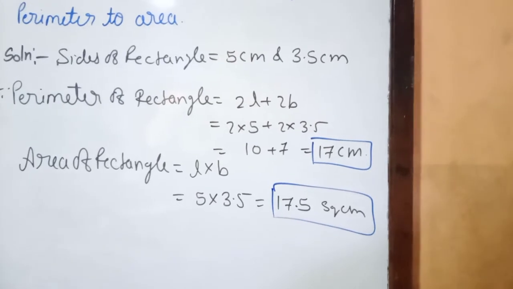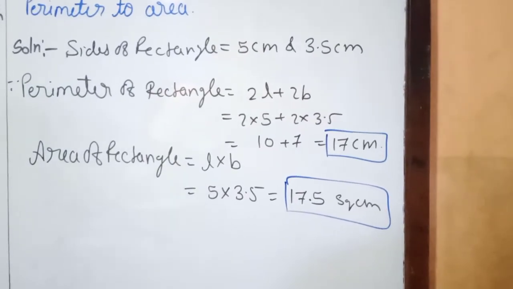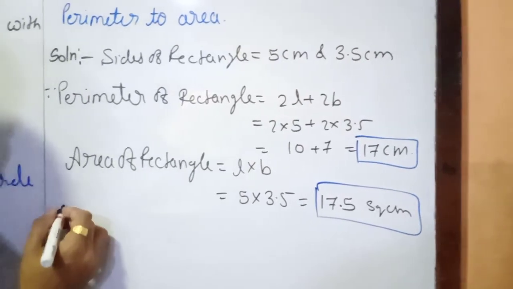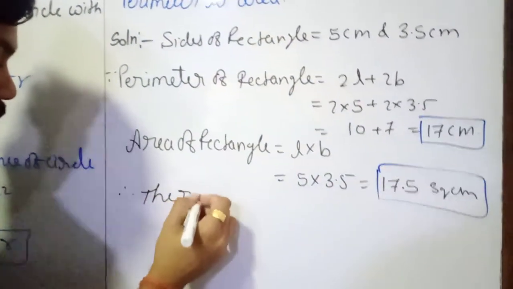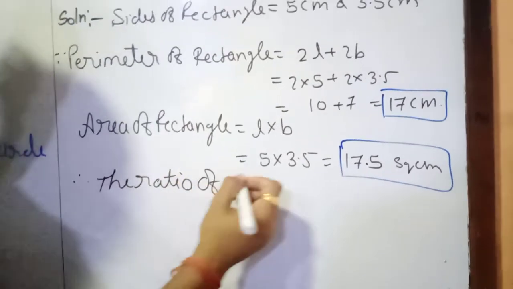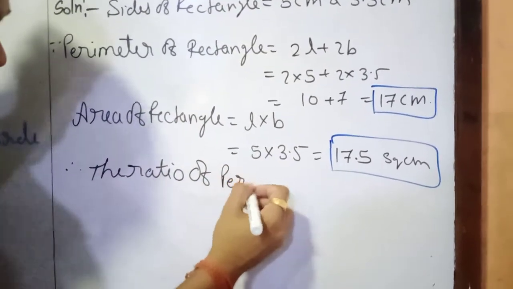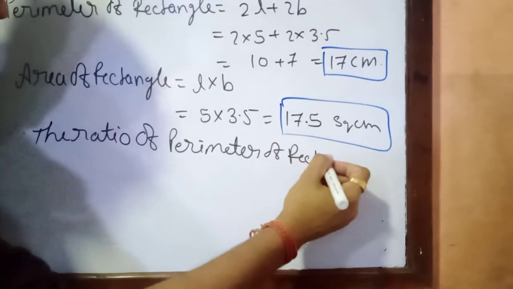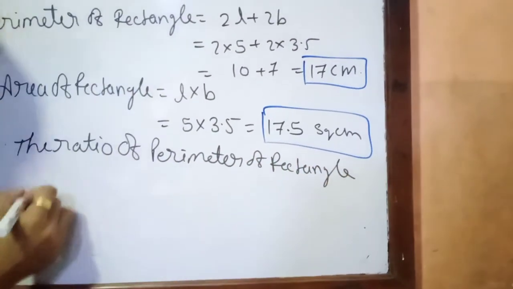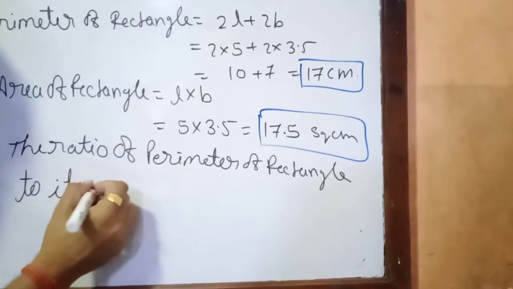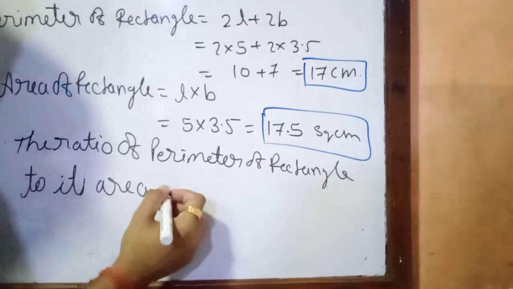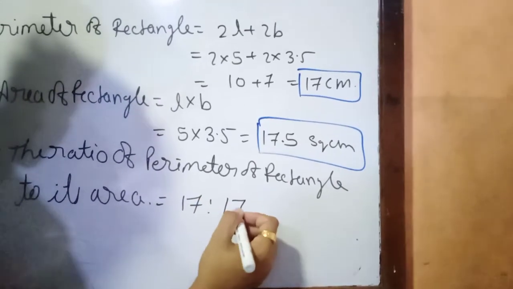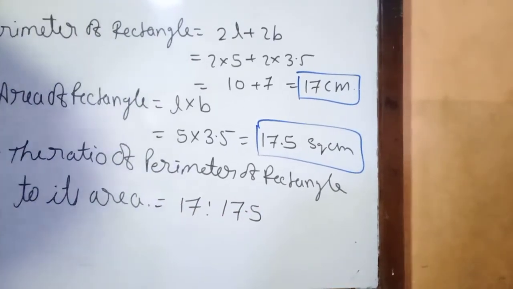Now what we have to do, we are going to find out the ratio of these two. So we are going to write, therefore the ratio of perimeter of rectangle to its area is equal to, what is that? 17 is to 17.5.